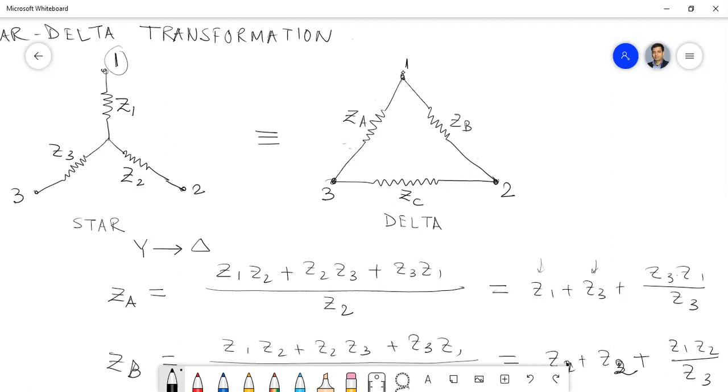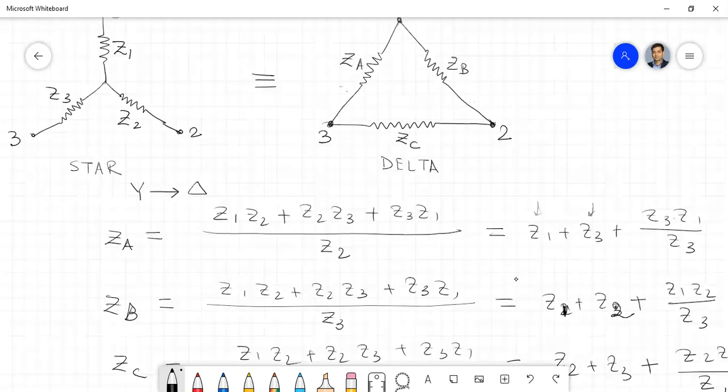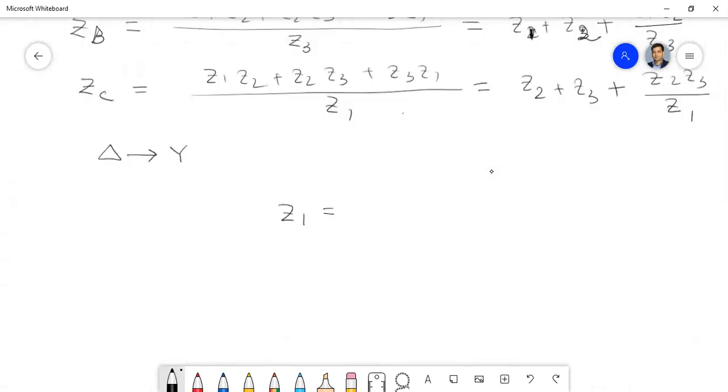So that is ZA ZB in the numerator, and all the summations will be in the denominator. This is how you can remember it.